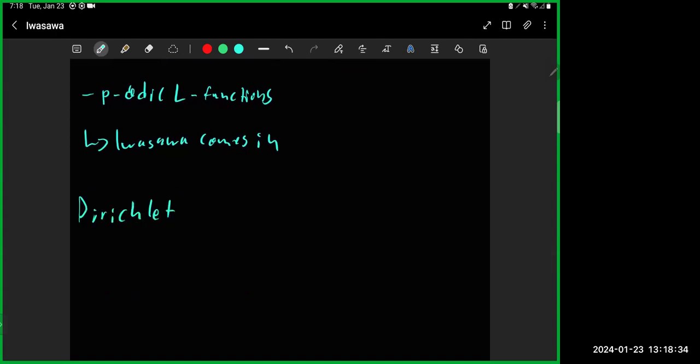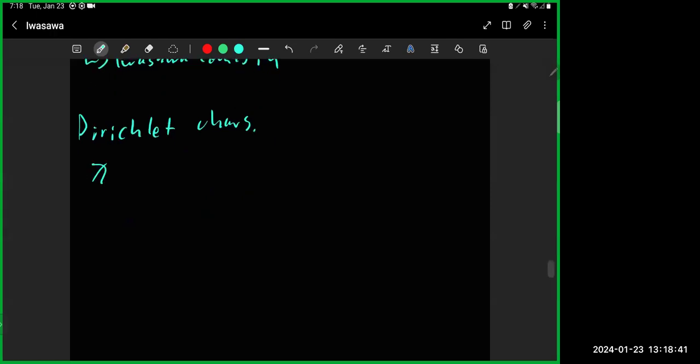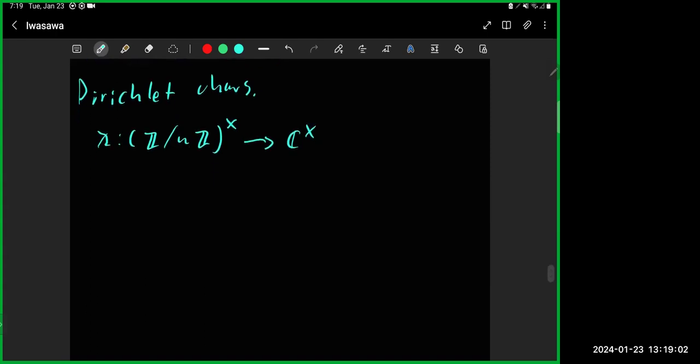are essentially multiplicative maps. A Dirichlet character chi is a multiplicative map from the units of Z mod NZ into the multiplicative complex numbers. Specifically, what we'll be talking about are primitive Dirichlet characters.